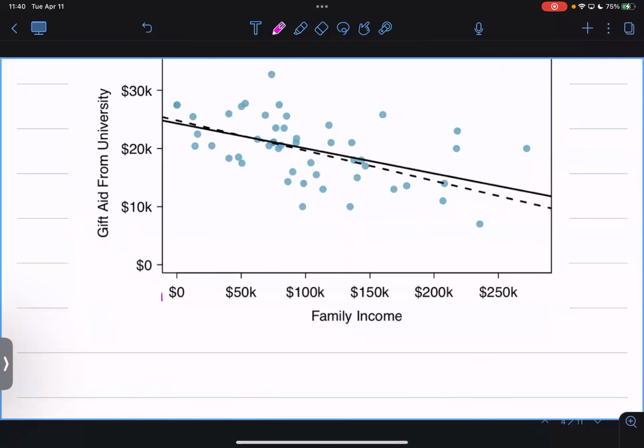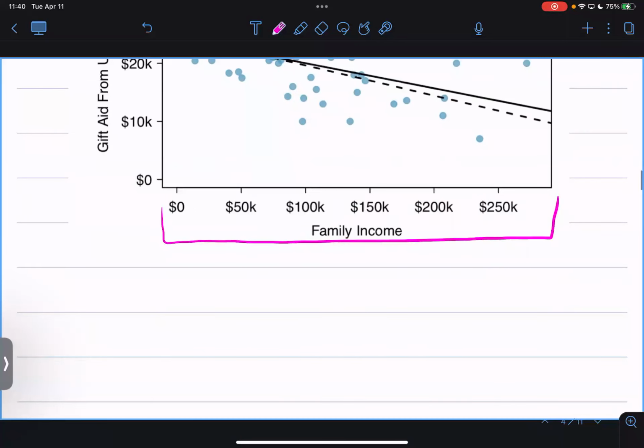So here, and there's some wiggle room, because maybe we just didn't see 300,000 in our data set, but it's reasonably close. You can't have a negative family income, let's just agree to that.